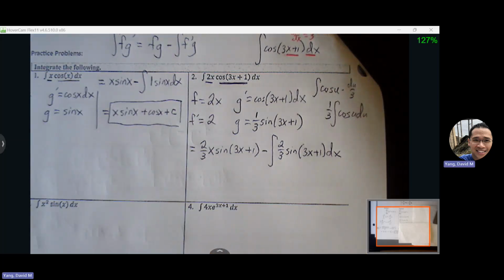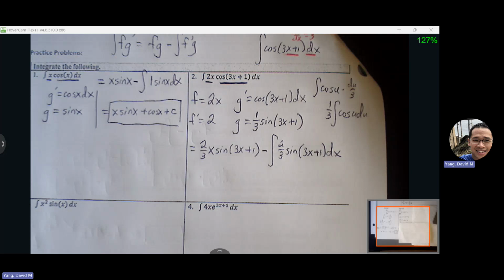Okay, any questions up to this stage here? Getting that fg minus integral of f prime g. This piece is complete. This still needs attention. So this one is another U substitution. But we already know what's going to happen, right? What's going to come out of 3x plus 1? Another 1/3, right?